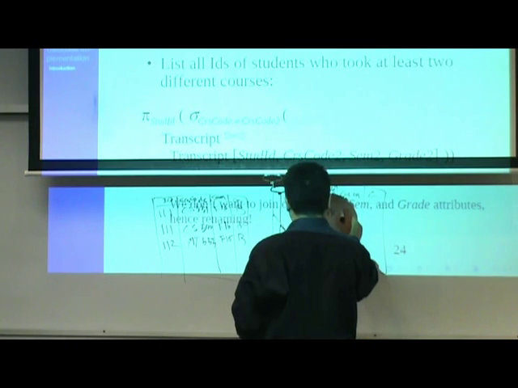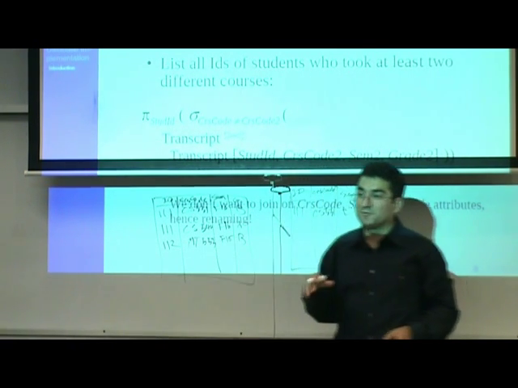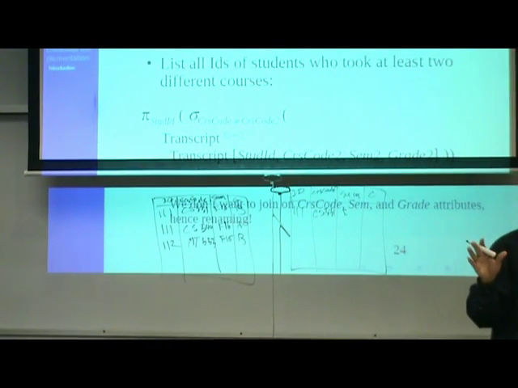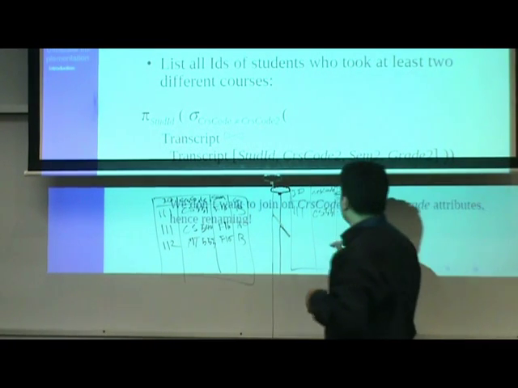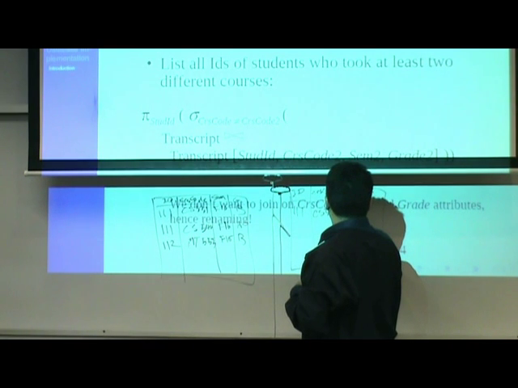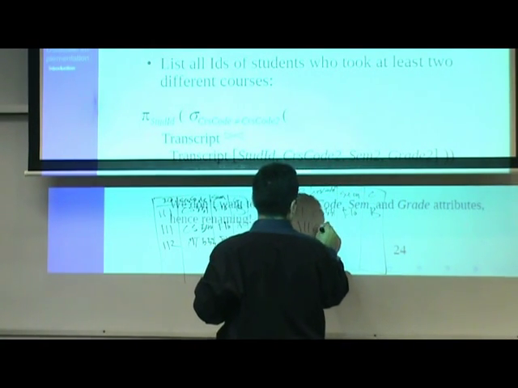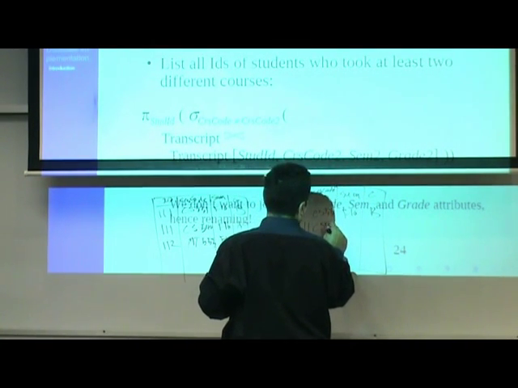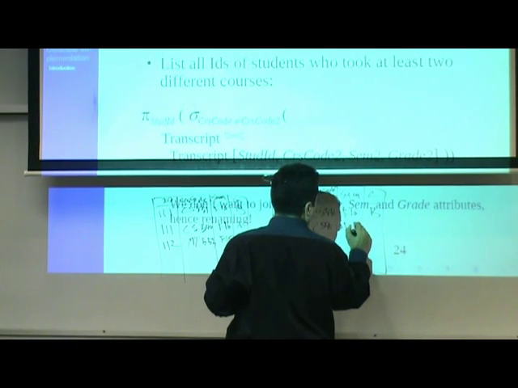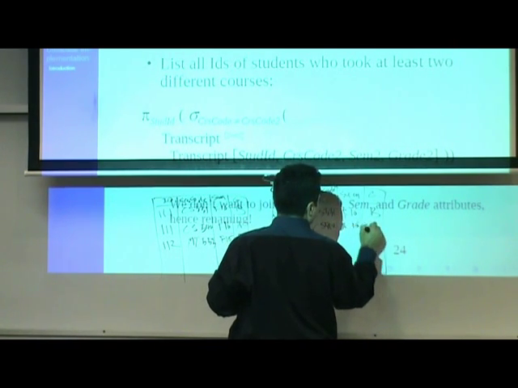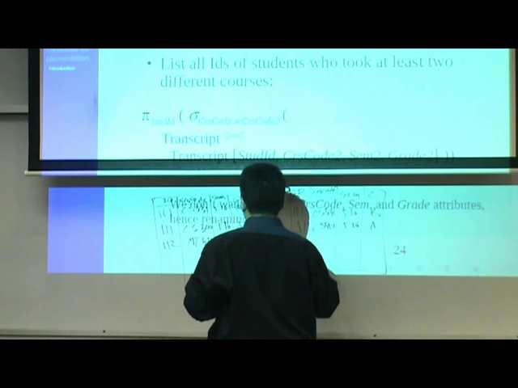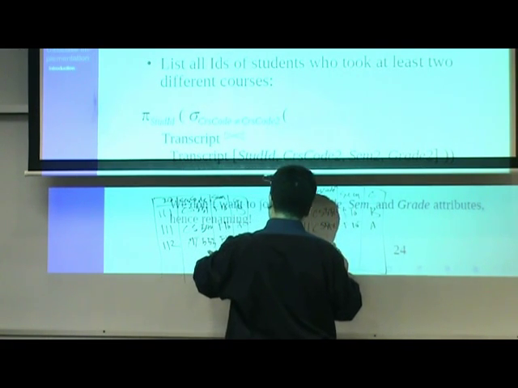I got it, Professor. You got it? Okay, so let's see, other people, you got how it works? Fall 16, he got B. 111, CS 514, fall 16, he got A, and 112 in MT 555.